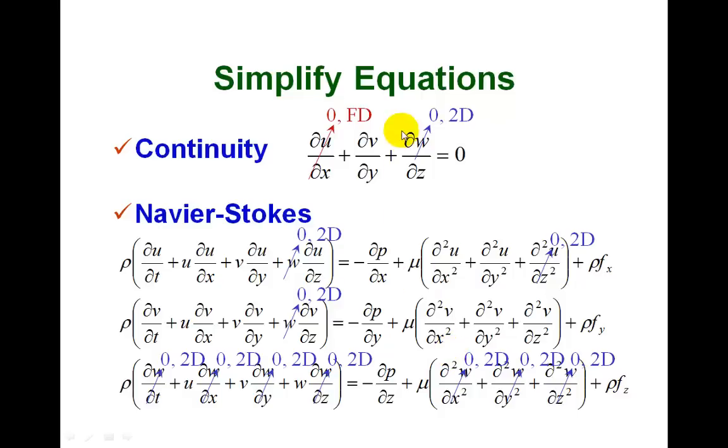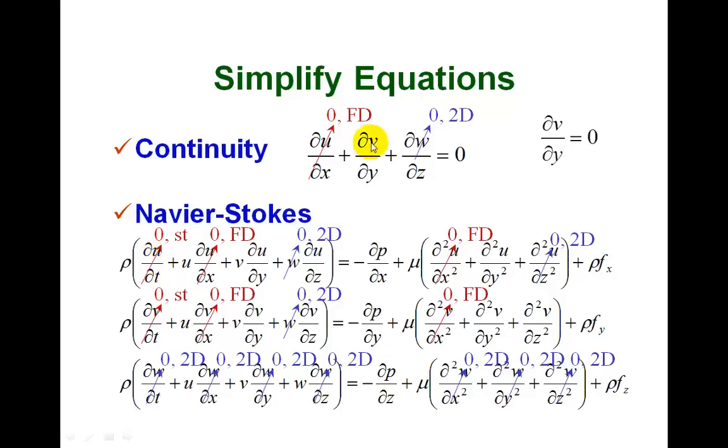Next, when we assume that flow is fully developed, we get rid of any x-directed derivatives. That goes for any x-directed velocity derivatives here, so du/dx and dv/dx are all 0. That knocks things out on both sides of the Navier-Stokes equations for momentum. And then since flow is steady, we're knocking out these two terms here.